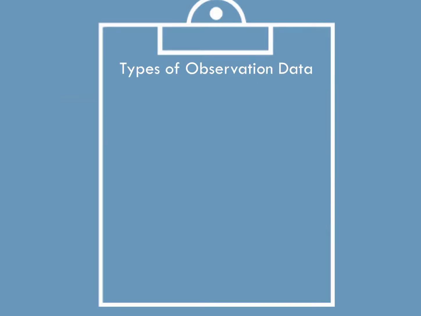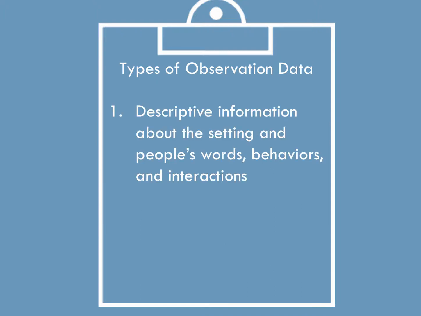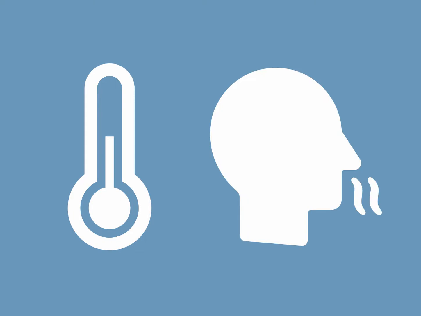Observations can be used to collect two different kinds of data. First, you can gather descriptive information about the setting and people's words, behaviors, and interactions. To do this, you'll write down detailed, concrete descriptions of what you see and hear. A good way to do this is by writing down a moment-by-moment account of what you observe, including the words that you hear people say. Depending on your evaluation questions, you might also record other concrete sensory information, such as the temperature or odors that you experience.